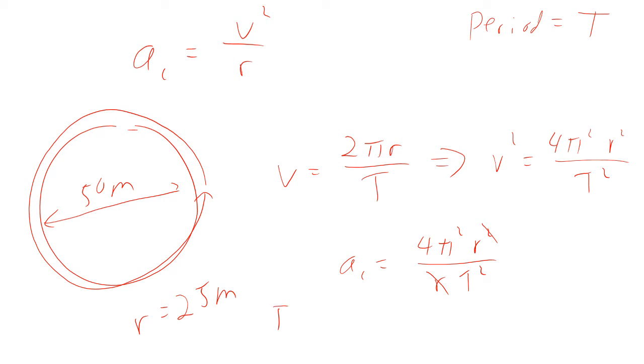Okay, so T squared equals 4 pi squared r over ac. So that means that T is going to equal 2 pi square root r over ac. So T equals 2 pi square root r over ac.